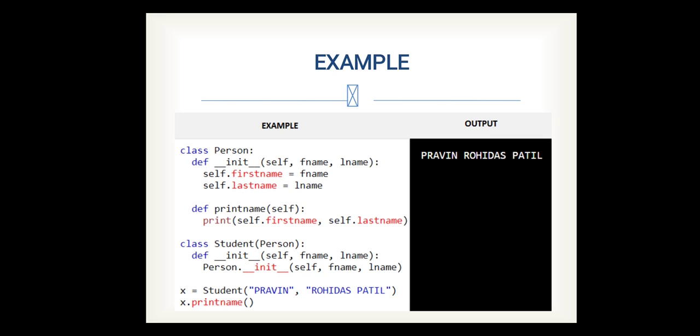If you want to access the values of the particular parent class, you have to specify the init method in the derived class. So I am going to specify the name of the class, that is Person dot, and directly specify the init method of that parent class.